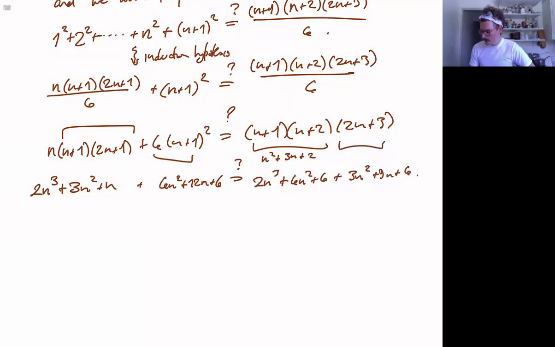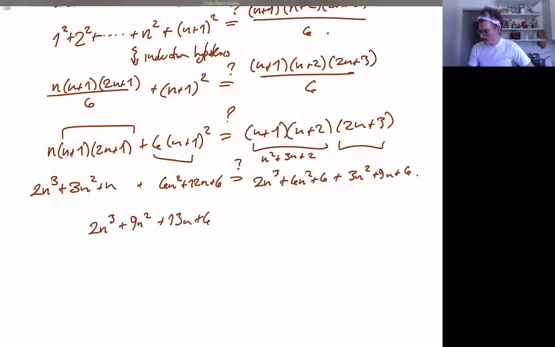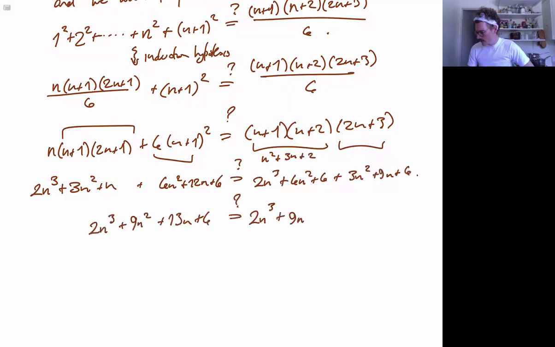And now if we collect terms, 2n cubed plus 9n squared plus 13n plus 6 is equal to 2n cubed plus 9n squared plus, I think I'm missing an n here.